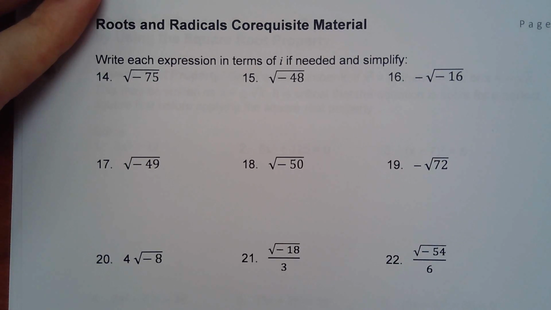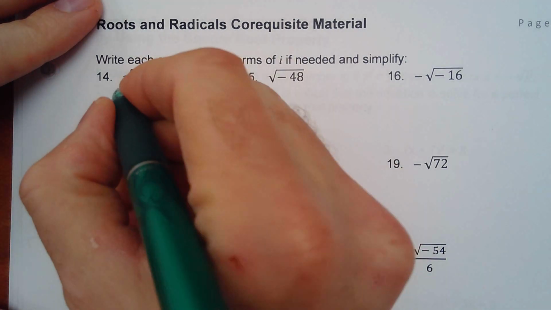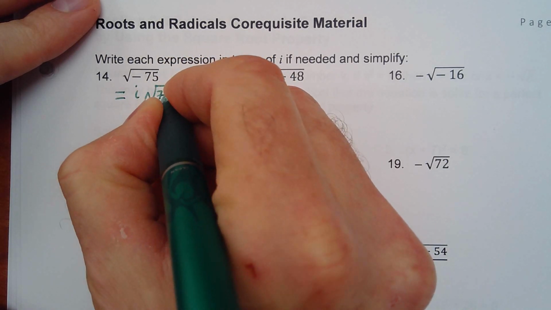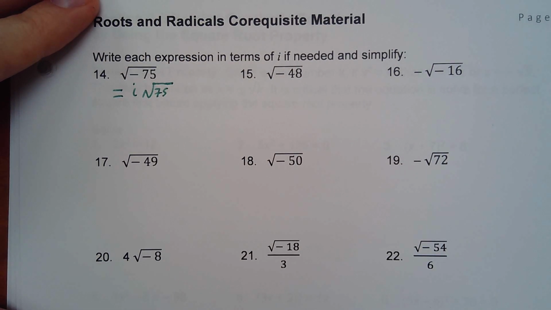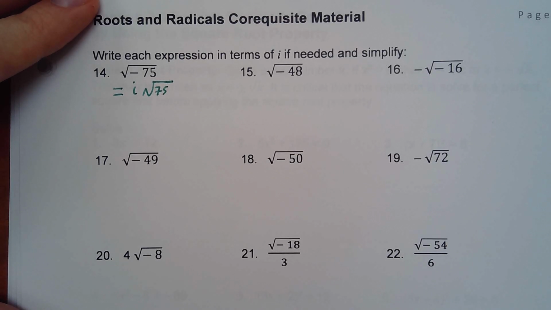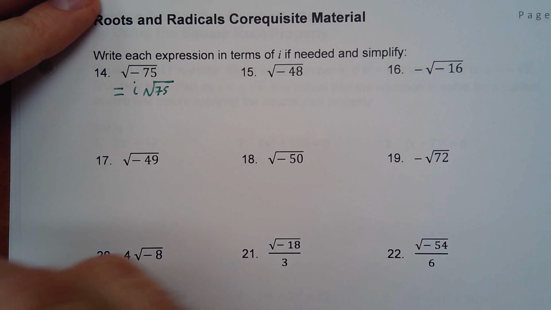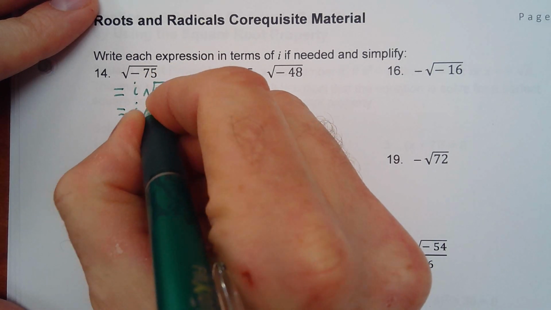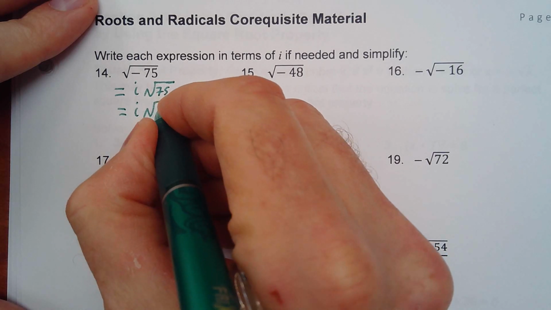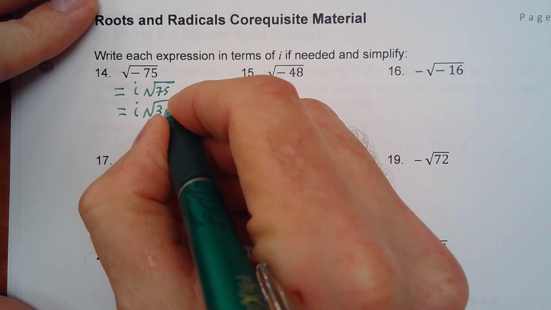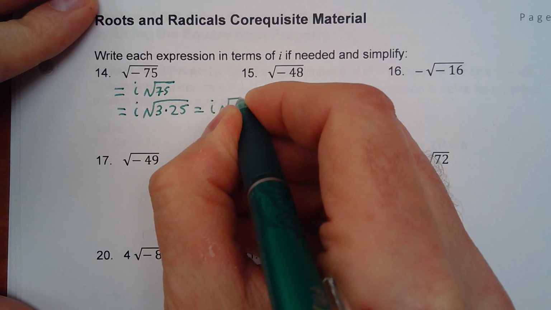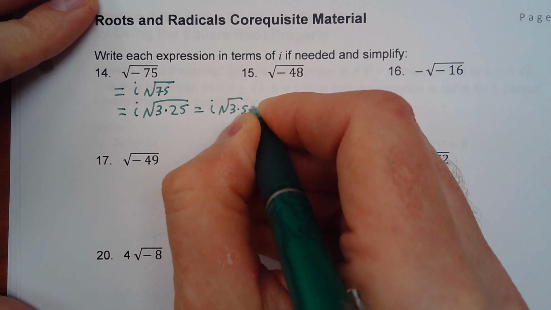So here we're going to write each expression in terms of i and simplify. So I'm going to rewrite that as i square root of 75. And again, you can do this on your calculator if you have the TI-30XS. If not, we can handle it. We can rewrite i square root of 75 as 3 times 25, which is 3 times 5 times 5.